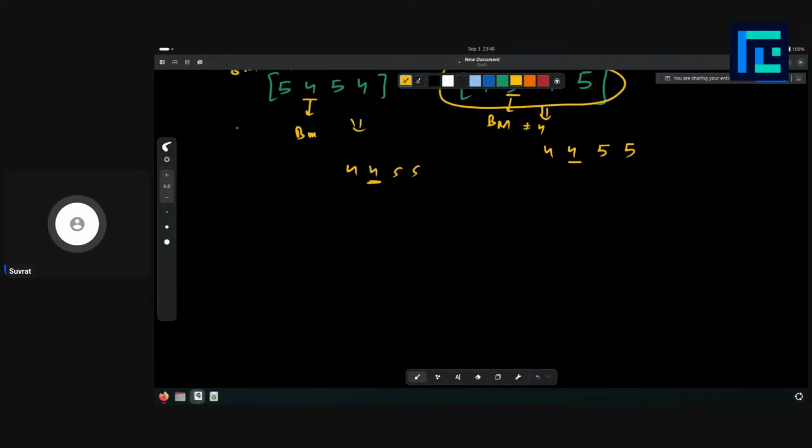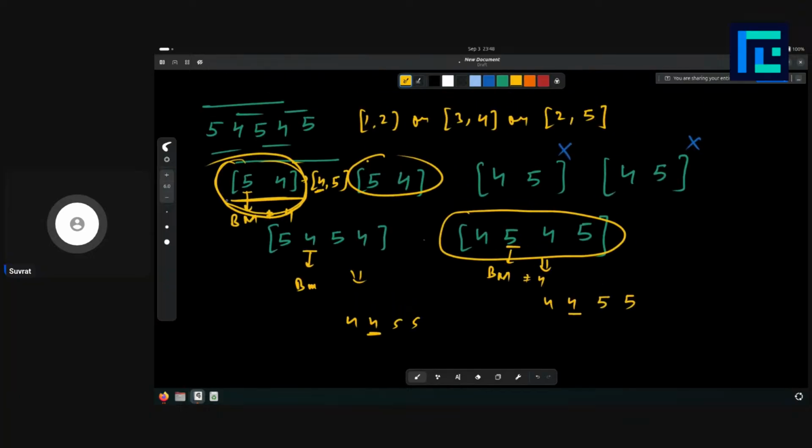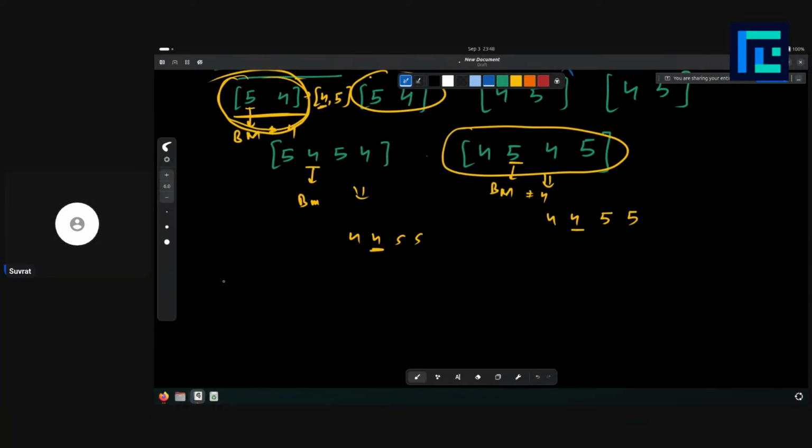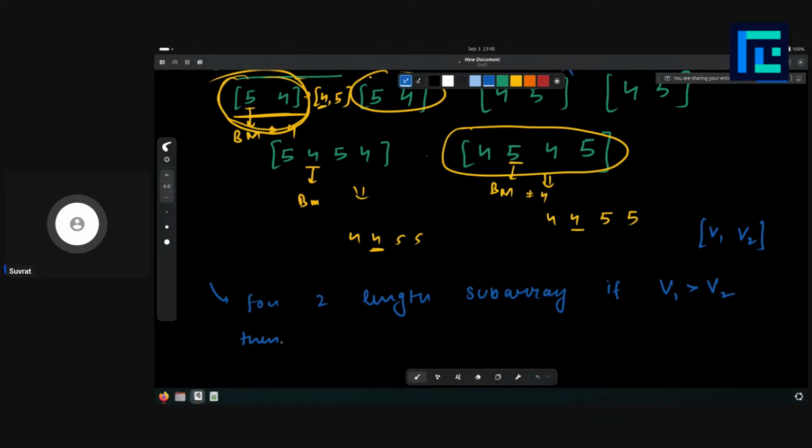So another observation, another intuition that we get from these test cases is that for a 2 length subarray, if v1 is greater than v2, where I am calling this element v1 and this element v2, then that subarray is an answer.